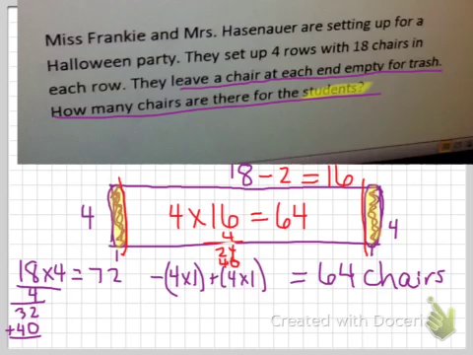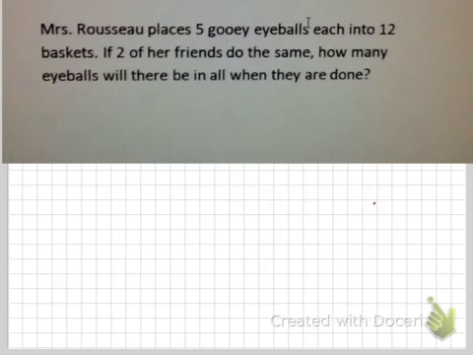The other type of problem involves kind of just drawing a picture. This one says Mrs. Russo places 5 gooey eyeballs into 12 baskets. If 2 of her friends do the same, how many eyeballs will there be in all when they are done? So I start with saying Mrs. Russo put those 5 eyeballs into the baskets.